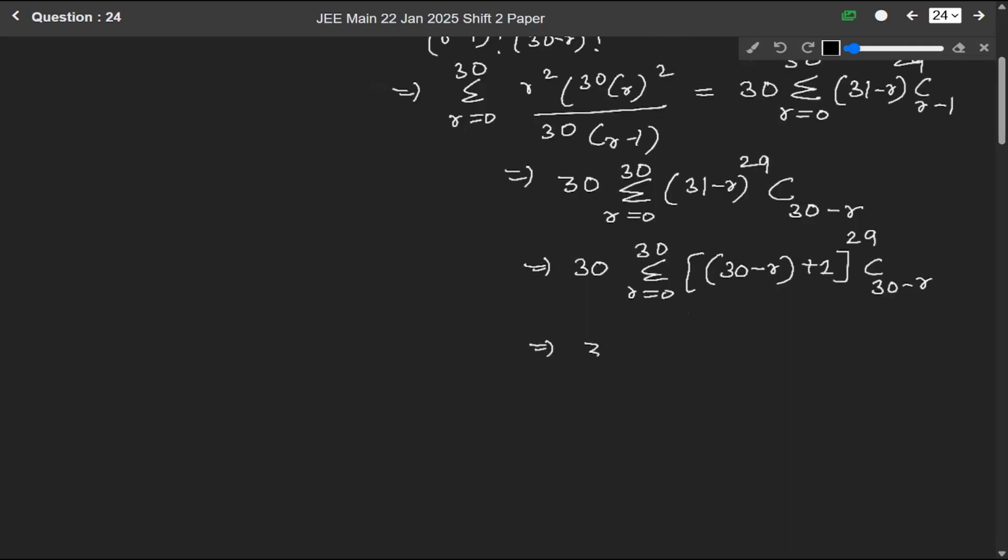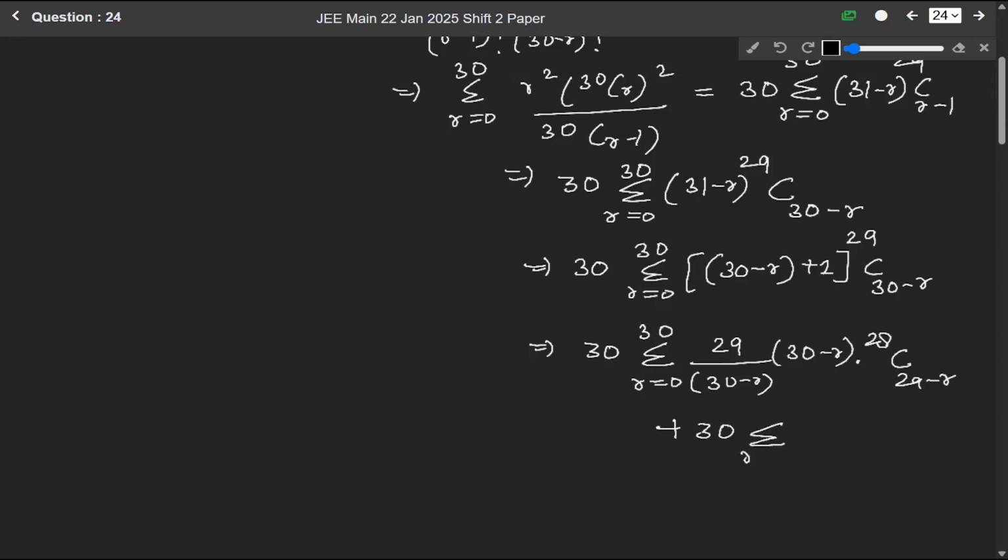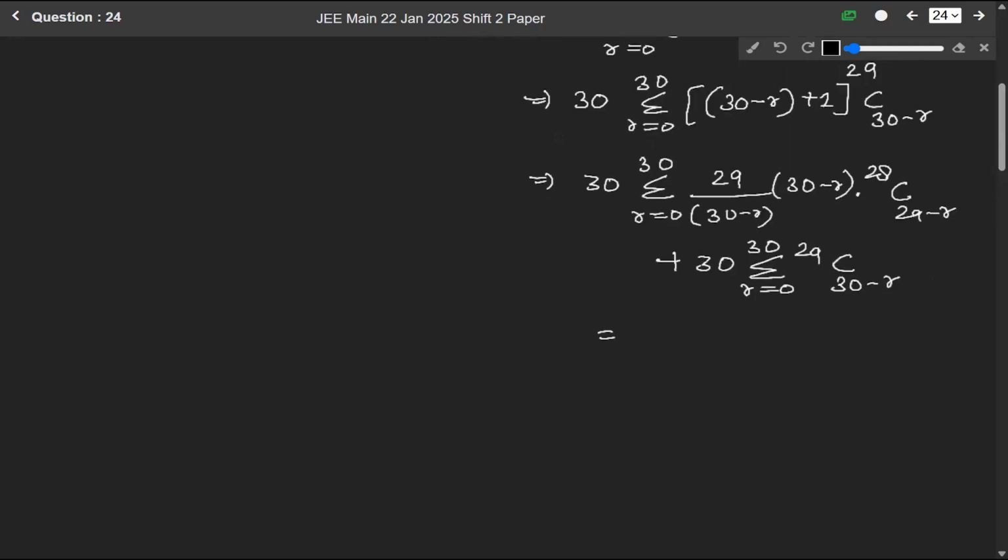Okay, so it will be equal to 30 times the sum over r equals 0 to 30 of 29 over (30 minus r), and this will be again (30 minus r) 28C(29 minus r) plus 29C(30 minus r). So it will be equal to 30 into 29 into 2^28 plus 30 into 2^29.